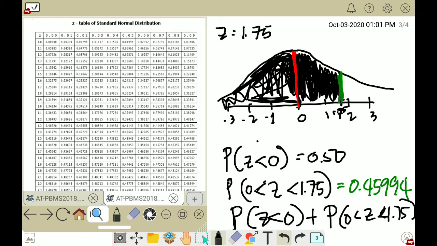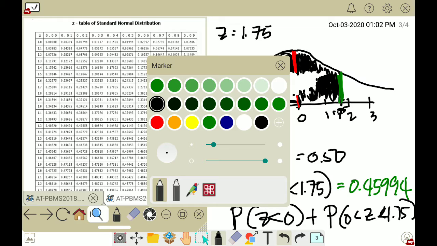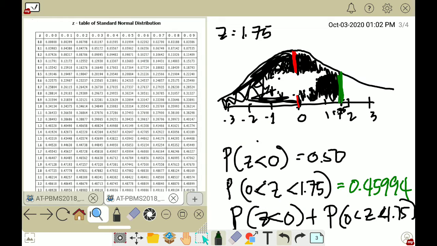Okay, this is a total of this part. It is a total of, right, we're going to write something, so that's 0.95994.